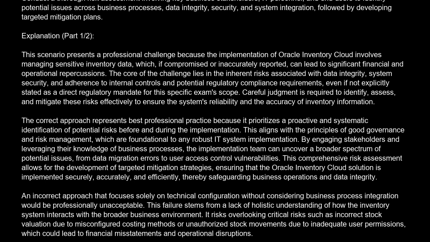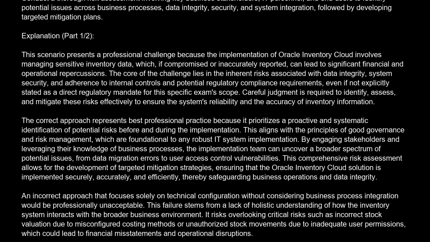By engaging stakeholders and leveraging their knowledge of business processes, the implementation team can uncover a broader spectrum of potential issues, from data migration errors to user access control vulnerabilities. This comprehensive risk assessment allows for the development of targeted mitigation strategies, ensuring that the Oracle Inventory Cloud solution is implemented securely, accurately, and efficiently, thereby safeguarding business operations and data integrity.